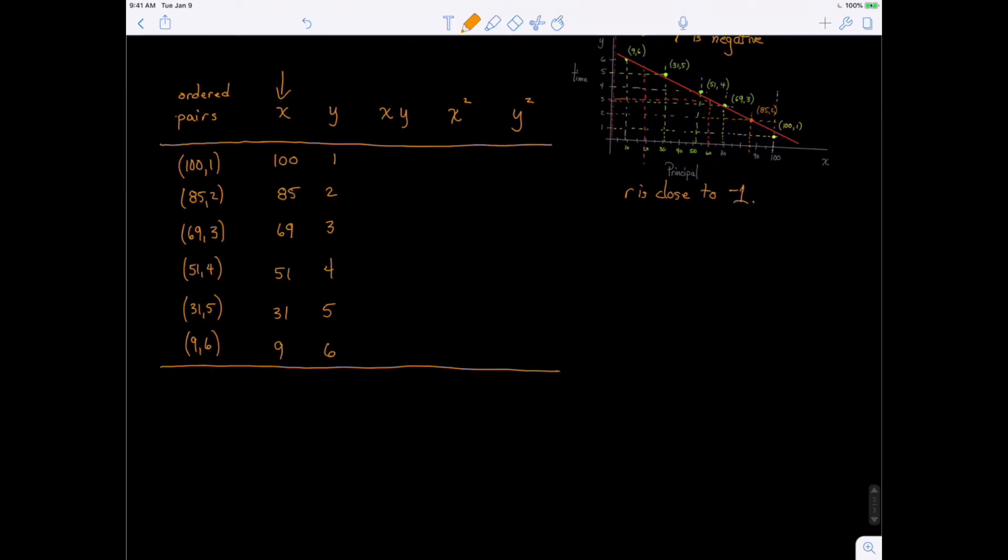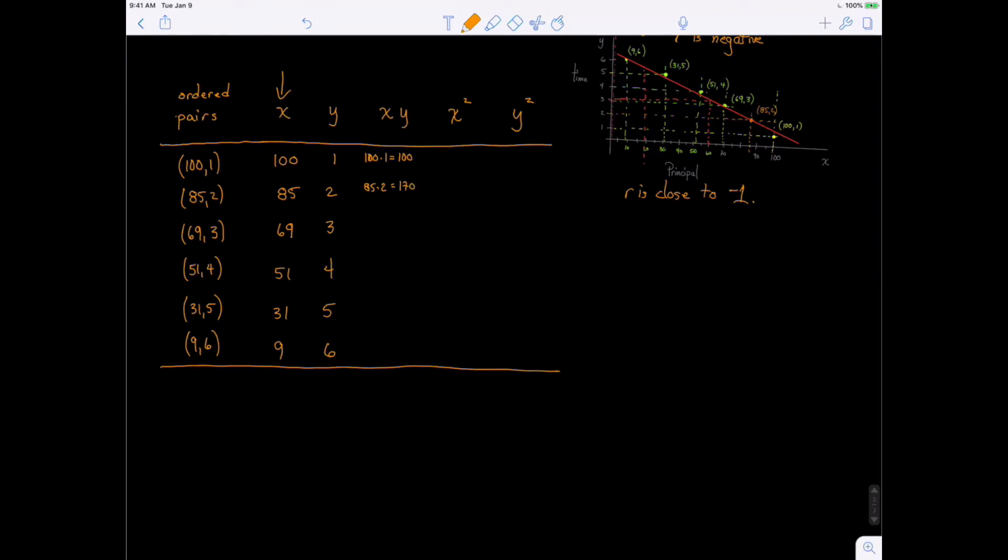Now we need to take x and multiply it by y. So for this first one, we would take the 100, multiply it by the 1, and we'd get 100. On the second one, we would take the 85, multiply it by 2, and come up with 170.